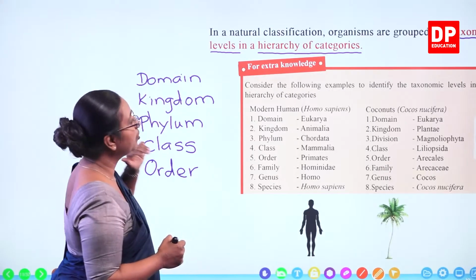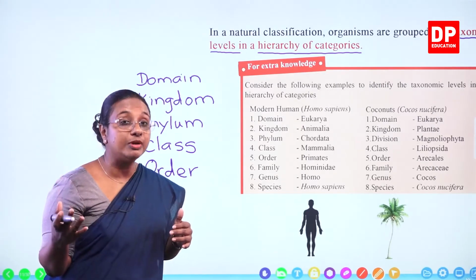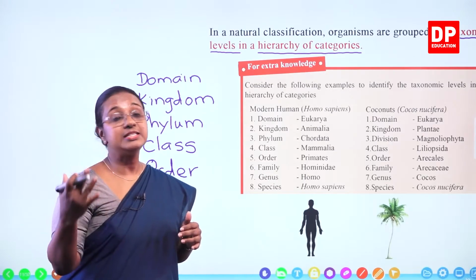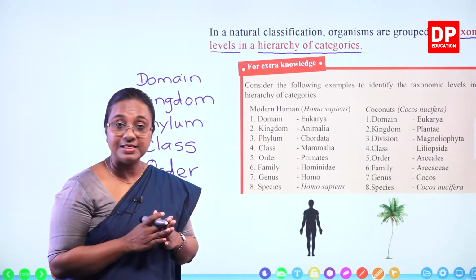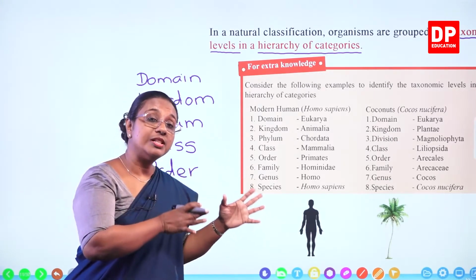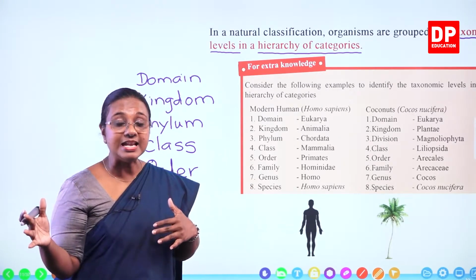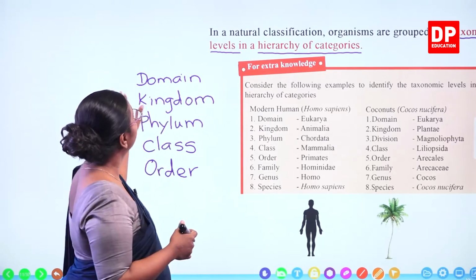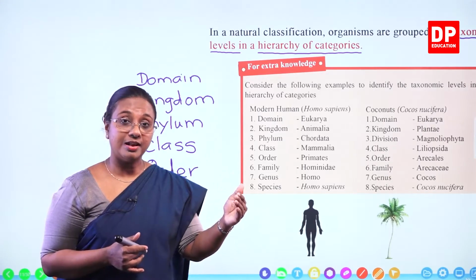If we take the domain, there is a domain called eukarya. Eukarya means the cell has an organized nucleus. Here also I will explain that. So basically almost all the plants, multicellular plants and animals, all the developed plants and animals come under one domain, domain eukarya.